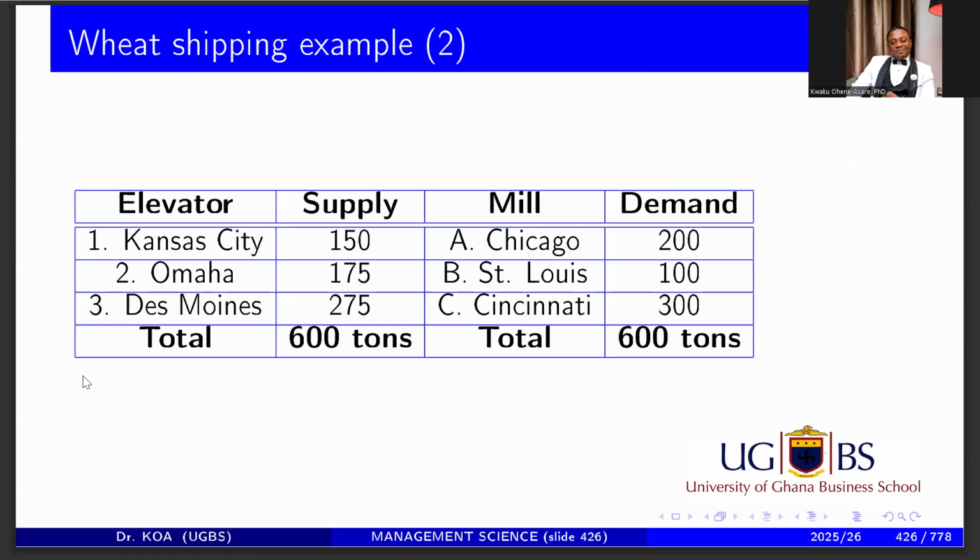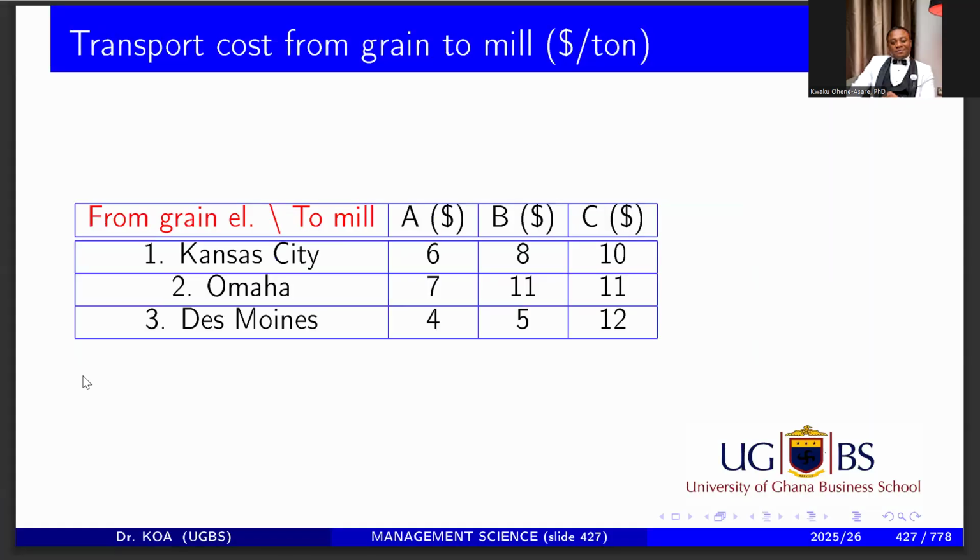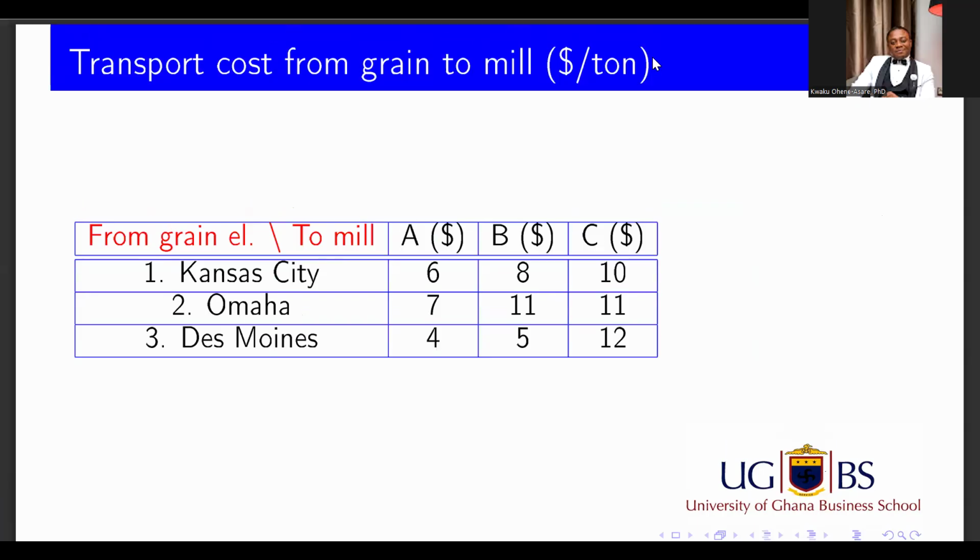Here we have the items, and here we have the cost. I rather want to use where the cost is to bring home the point. Let me see if I can share a bigger screen instead of this one, and use the board.